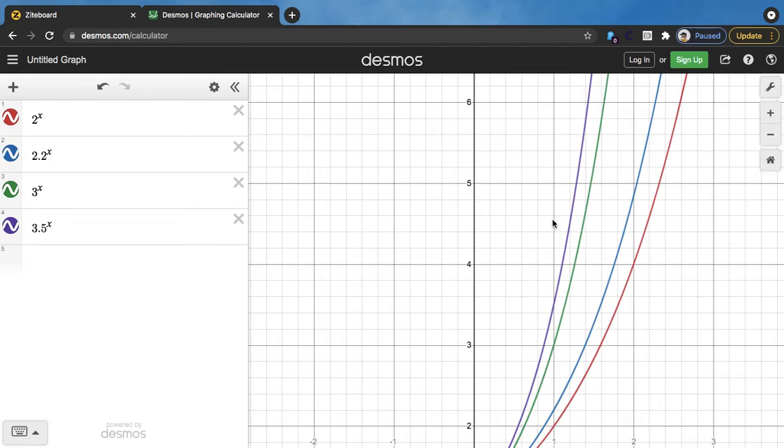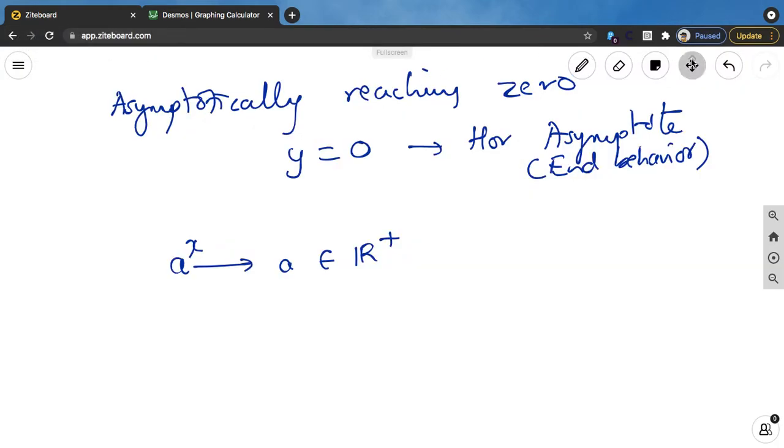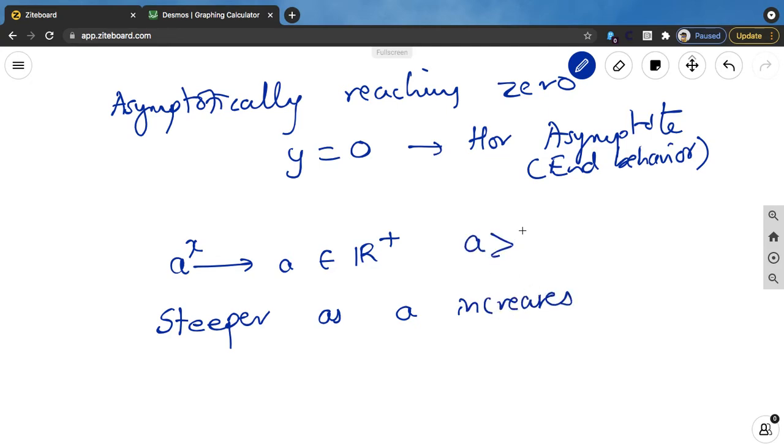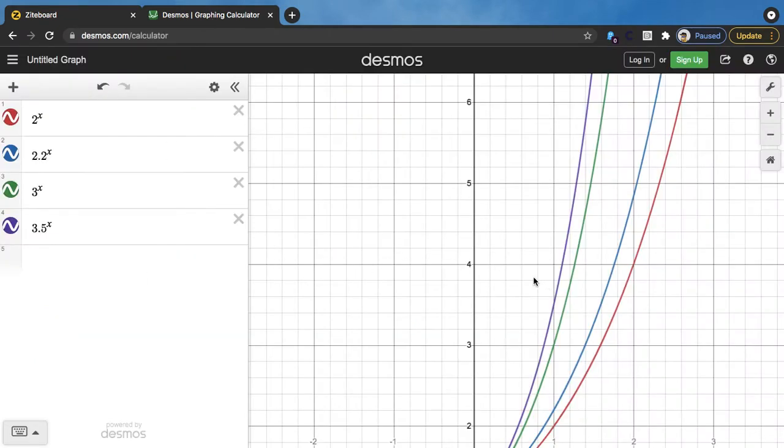What is it indicating? If a graph is approaching closer to the y-axis, it means it's becoming steeper as a increases. Here a is greater than 1. That's the first thing we start with, and as a increases, the graph becomes steeper. And becoming steeper means coming closer to the y-axis, and you can easily see here that the purple graph is the closest to the y-axis, and that is the largest base.